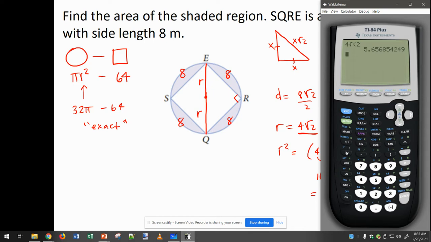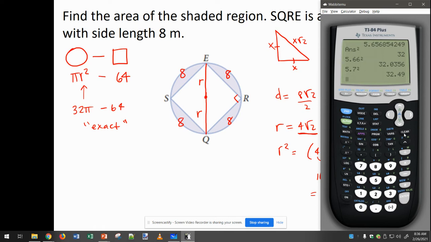So the easiest way on this calculator is to just do this: answer squared. Bam, 32. If I round this to like 5.66 and I square that, I am not going to get 32. I'm going to get a little bit too much. Or if I round it to 5.7, I'm not going to get 32 either. The only way to get 32 is to keep all these decimals, because the calculator is recognizing that as the exact value.